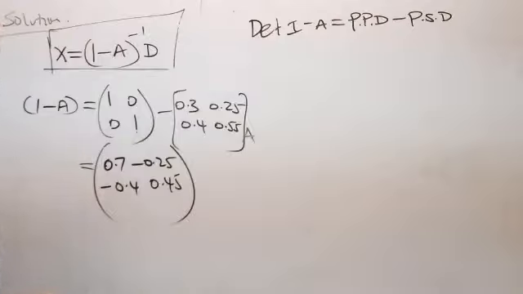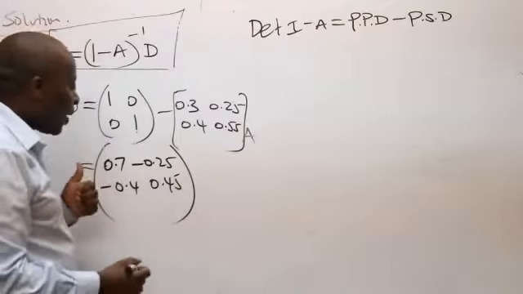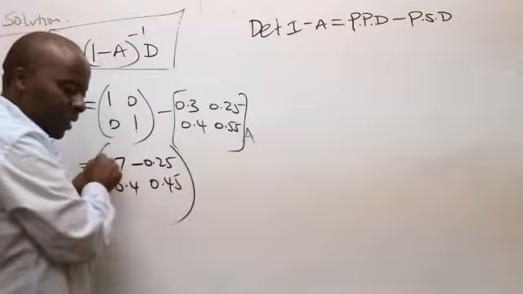The primary diagonal, if you remember your concepts very well, is the one that normally starts from the first element.